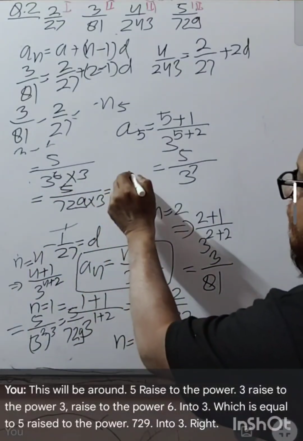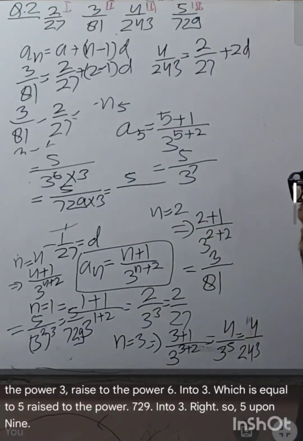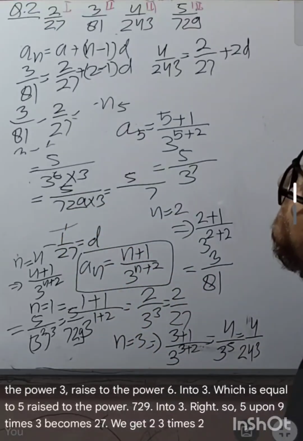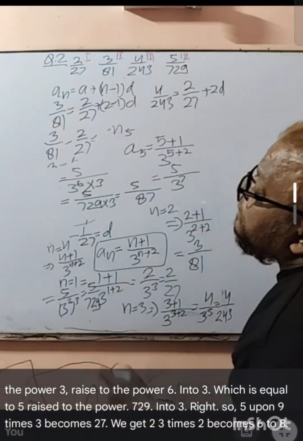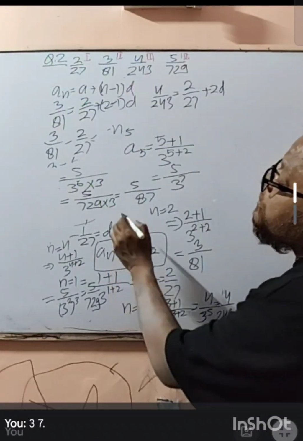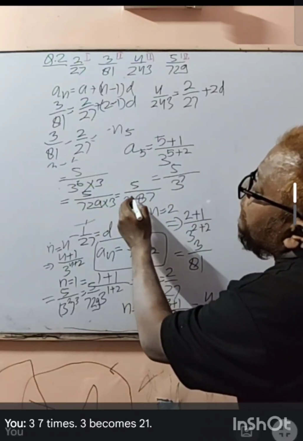Right? So 5 upon 9 times 3 becomes 27. We get 2. 3 times 2 becomes 6. 2, 8. And 3, 7 times 3 becomes 21. 5 by 2,187.